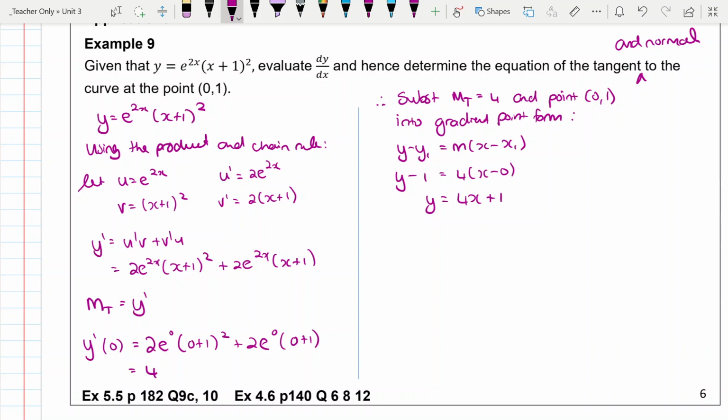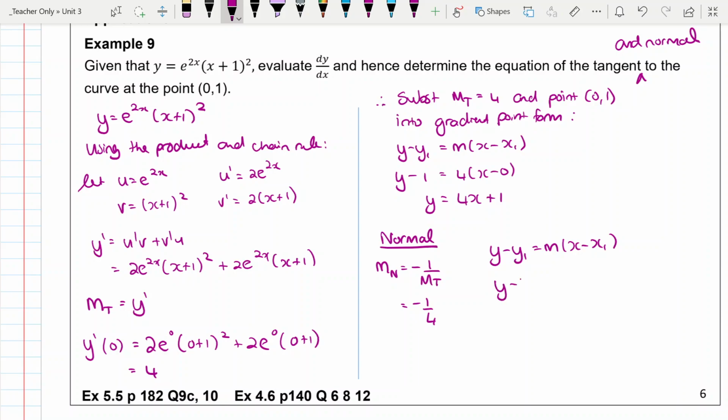If I was looking for the equation of the normal, remember that the gradient of the normal is negative 1 over the gradient of the tangent. So that would be negative 1/4. And again, into my gradient point form, I would have y take y1 is m, x take x1.